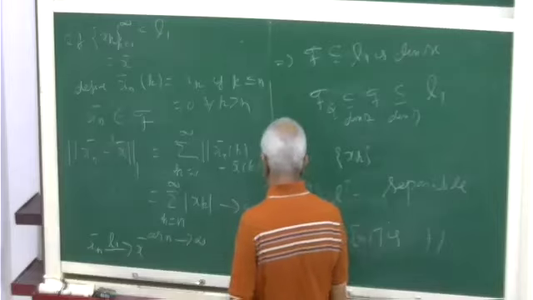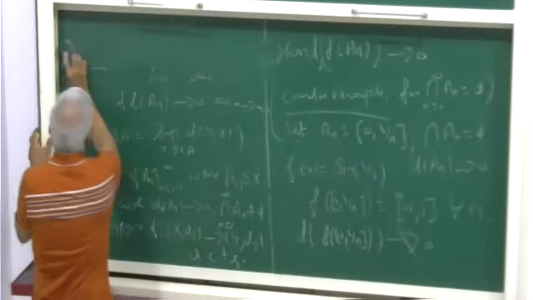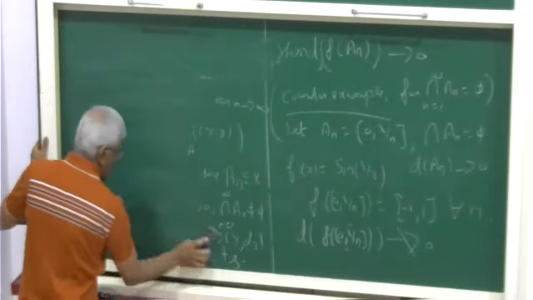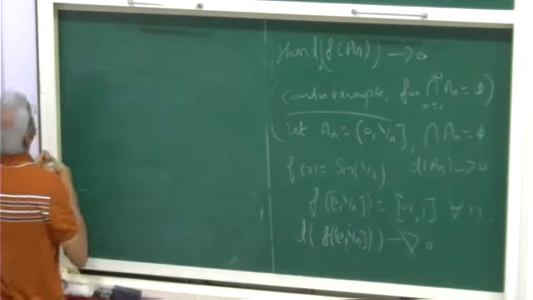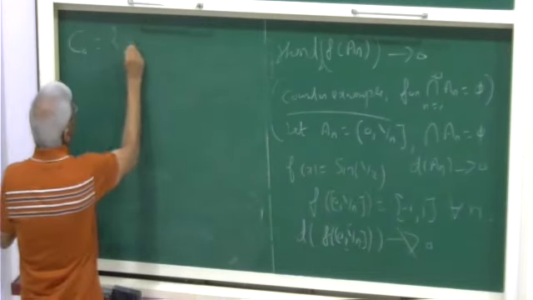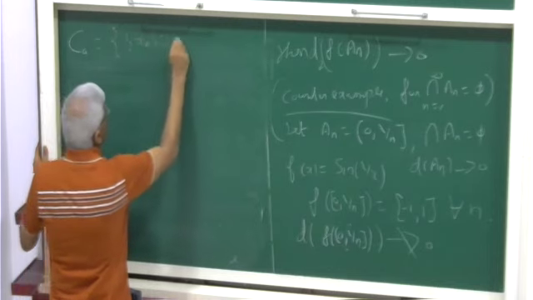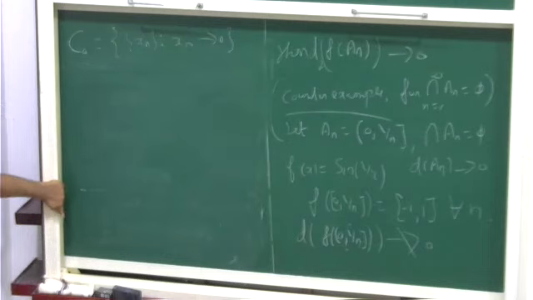All I have to prove now is something not separable. Before that, we will see another example of a separable space. Let c_0 equal the set of all sequences x_n such that x_n goes to 0. This is separable.